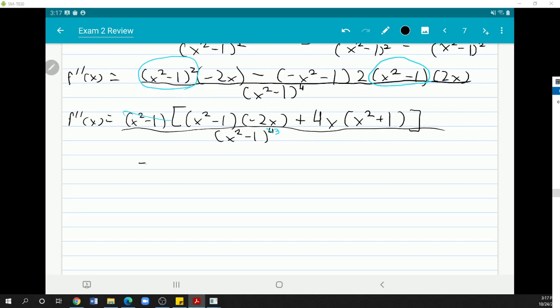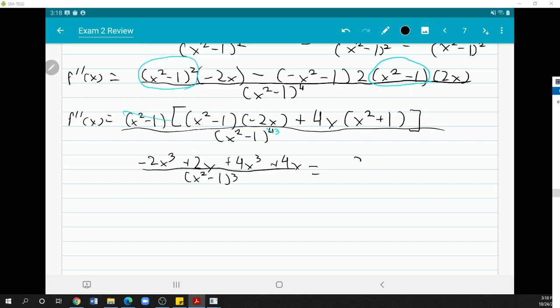And now I can do some distributing. I get minus 2x cubed plus 2x plus 4x cubed plus 4x, all divided by x squared minus 1 cubed.